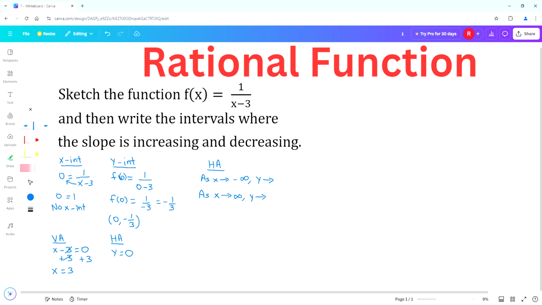We have to check whether the function approaches the horizontal asymptote y equals 0 from above or below. So we have to use test values. For the left side, we can use a big negative number. We can sub in x as negative 100 in the given function equation.